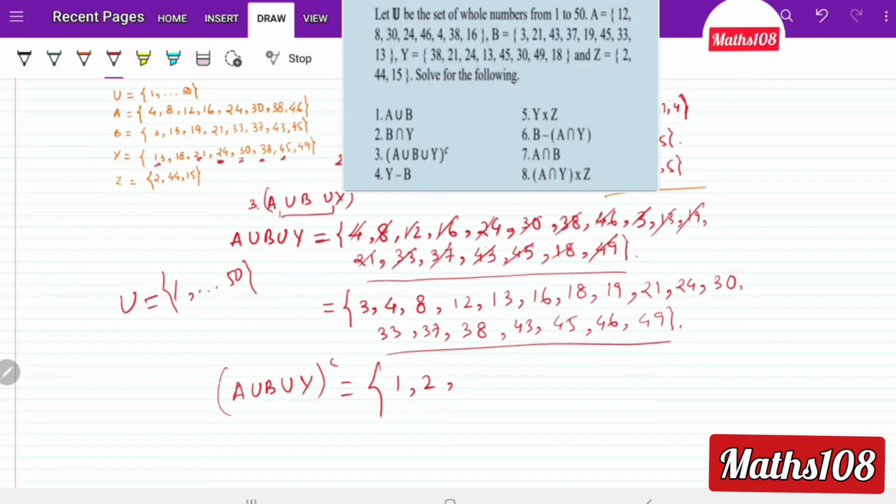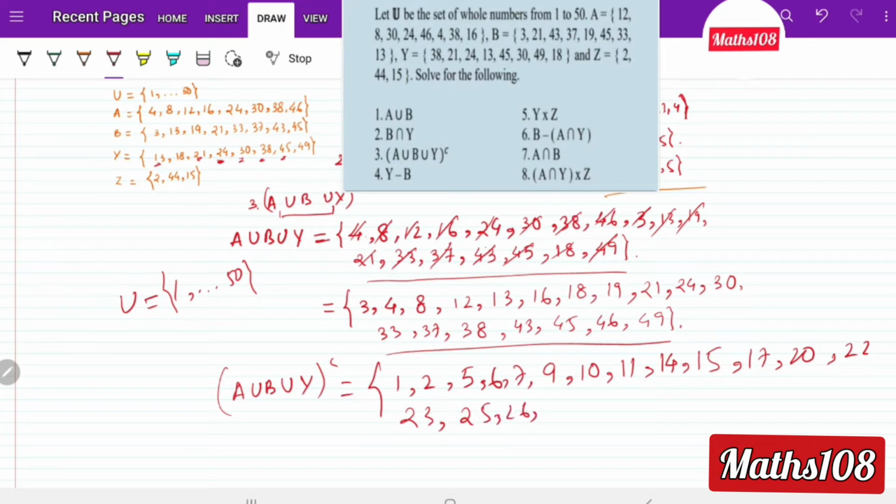So 5, 6, 7, 8, 9, 10, 11, 12, 13, 14, 15, 16, 17, 18, 19, 20, 21, 22, 23, 24, 25, 26, 27, 28.